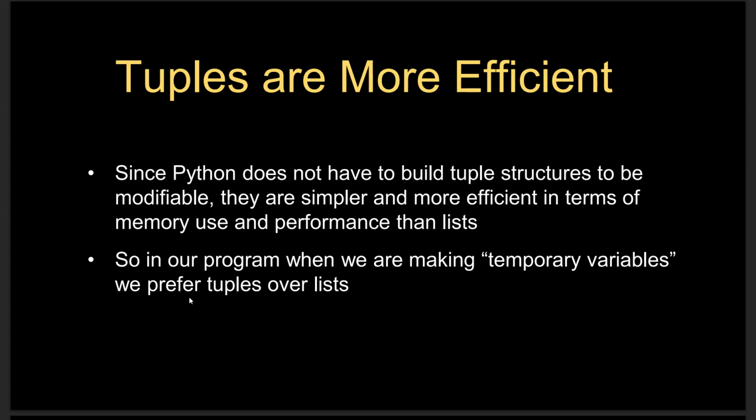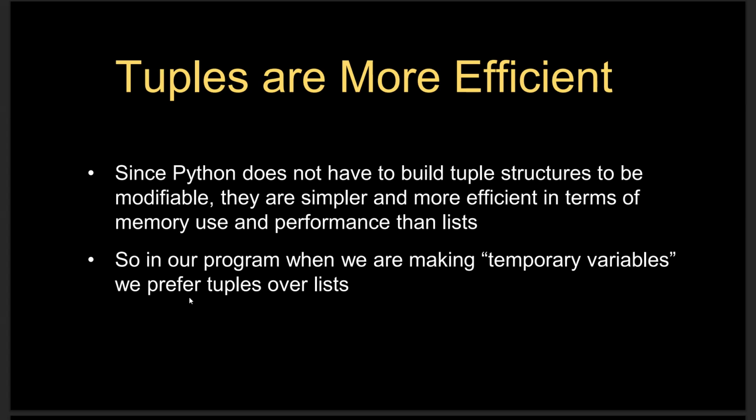So because of those operations, the list needs more memory compared to tuples. Tuples are immutable, so we cannot do any content changes after the creation of the tuples. Because of that, it has less memory usage than lists. That's why tuples are more efficient than list.